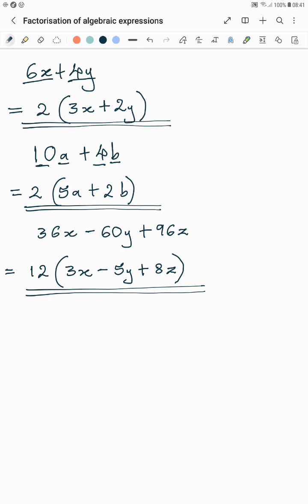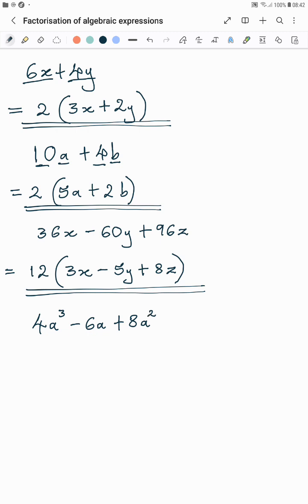Okay, we're going to try another one with three terms. So here if we have 4a to the power 3 minus 6a plus 8a squared.